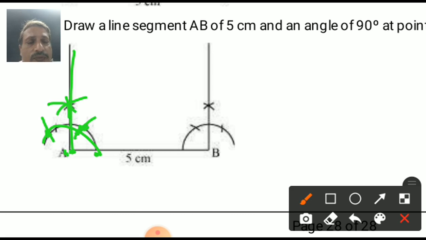For our convenience, we are not giving any name. Otherwise, you can give names here X, Y, Z, and P. Point P. Is it not? Yes.